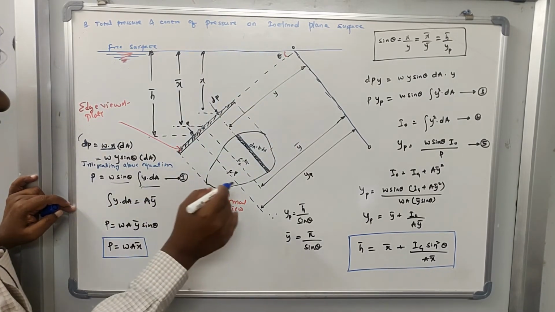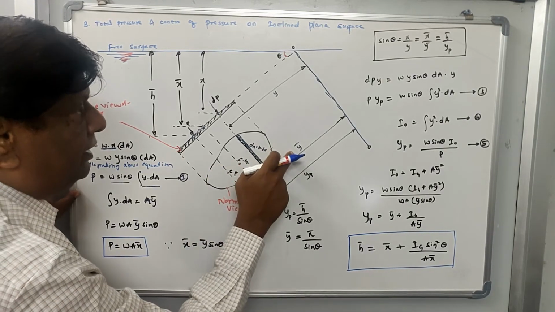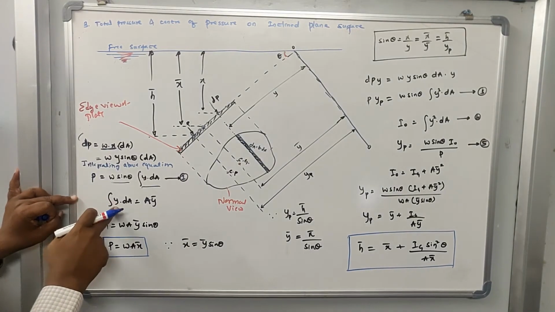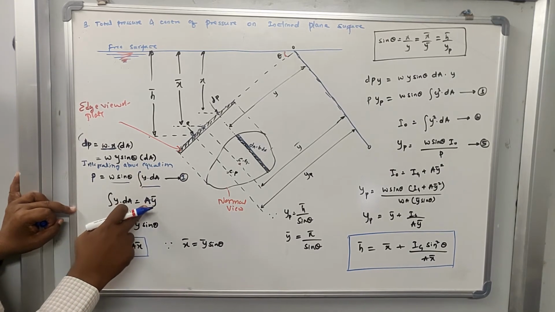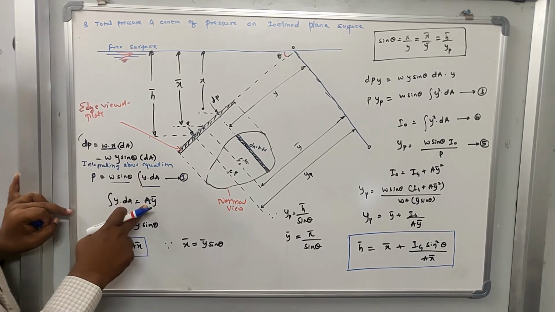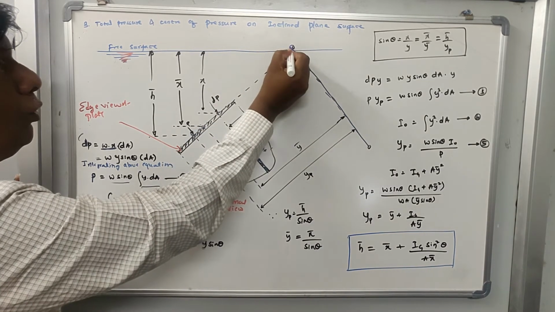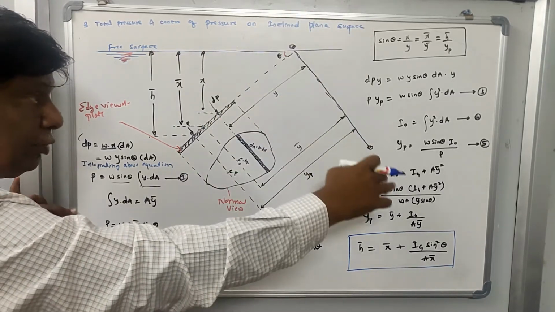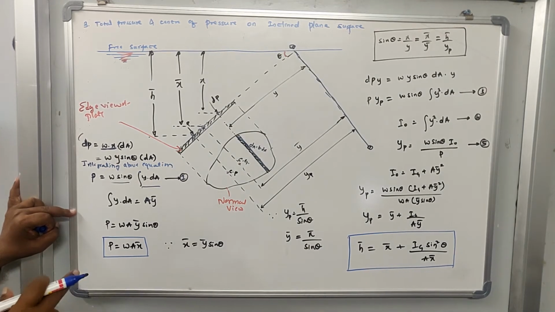So I am considering y bar as the depth of the CG point from the axis OO. So the integration of y dA is equal to A y bar. A is the total area of the plate, and y bar is the distance between the axis OO and the CG point, measured along the inclined axis. This is very important: it is not with respect to the horizontal axis, it is with respect to the inclined axis.